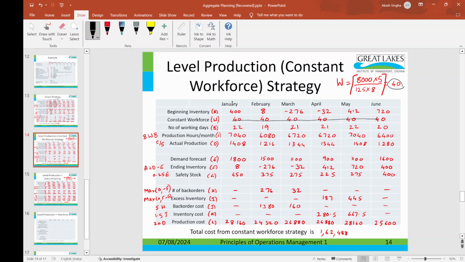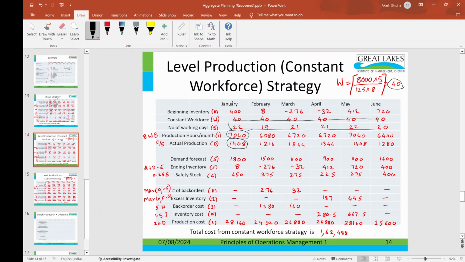Now, the number of working days is also given per month. If you multiply it, you will get the total production hours. Each unit needs 5 hours, so how many units will be produced? 7040 by 5, 1408.